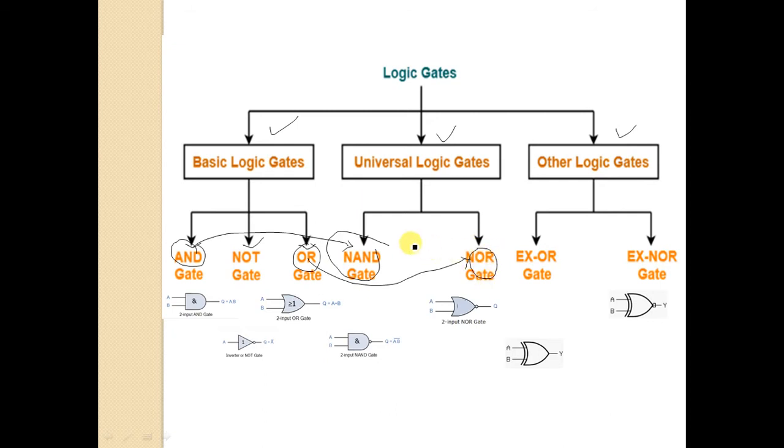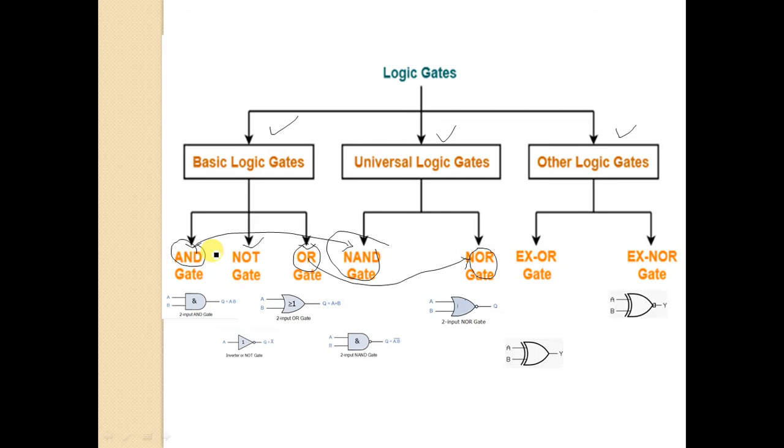Why? Because universal gates are the gates which are easily available, and a circuit of any equation can be easily made using NAND or NOR gates. Second advantage is, if we use NAND or NOR gate, it will be less complicated than using basic gates.